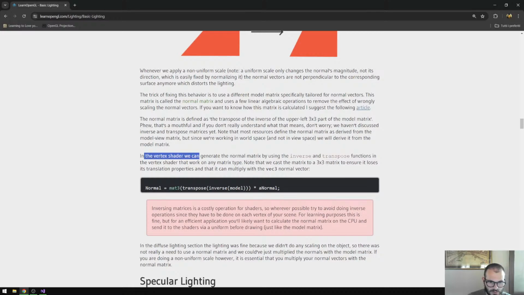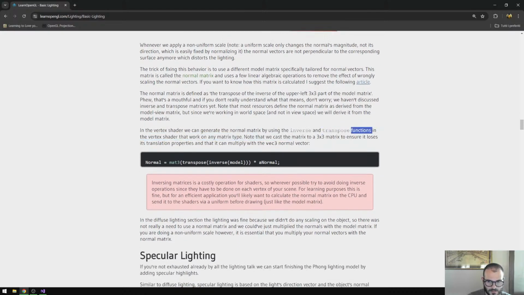In the vertex shader, you can generate the normal matrix by using the inverse and then the transpose functions that work on any matrix type. Note that we cast to a mat3 to ensure it loses its translation properties and that it can be multiplied by a vec3.